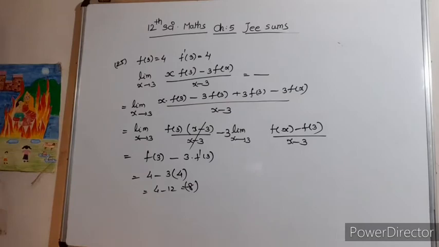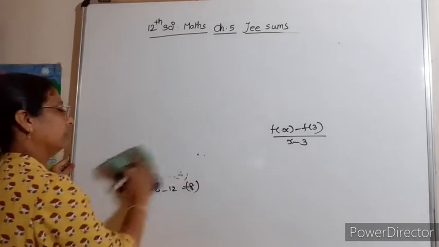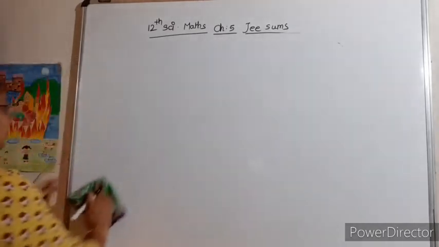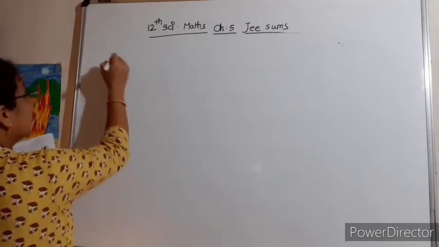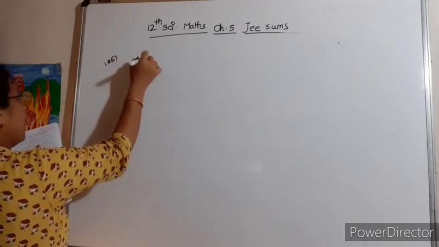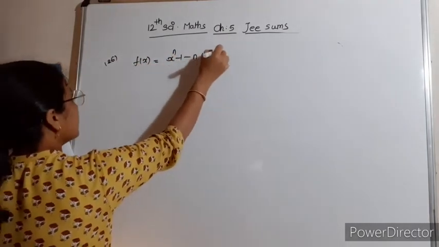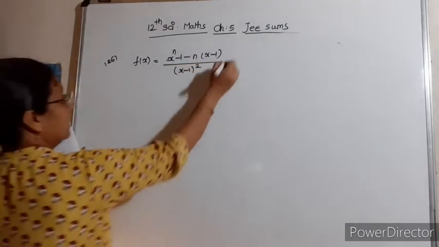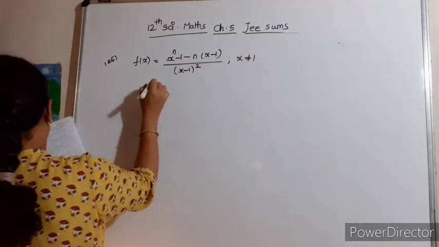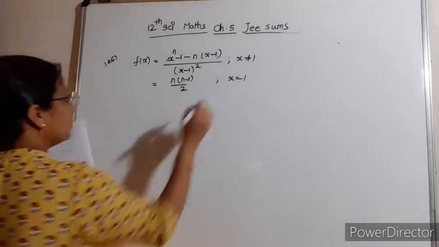You understand that? Okay. Then the next sum will be f of x equal to x raised to n minus 1 minus n x minus 1 upon x minus 1 the whole square when x is not equal to 1 and n minus 1 upon 2 when x is equal to 1.